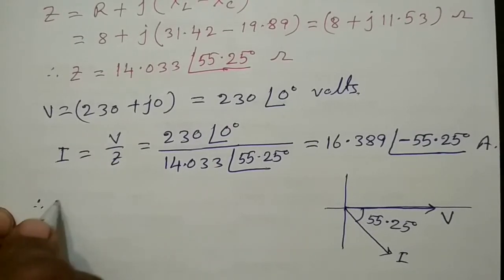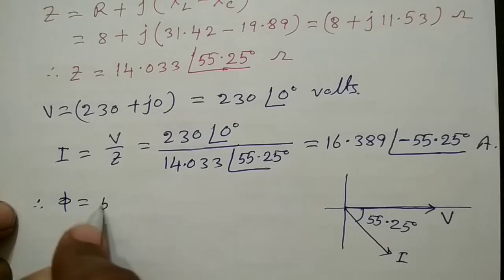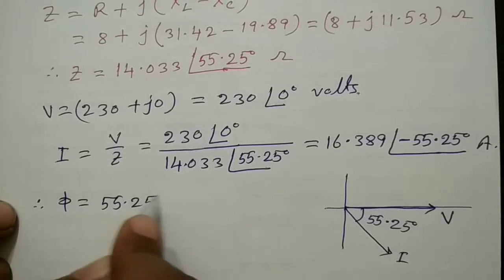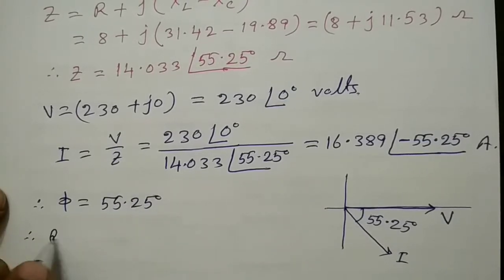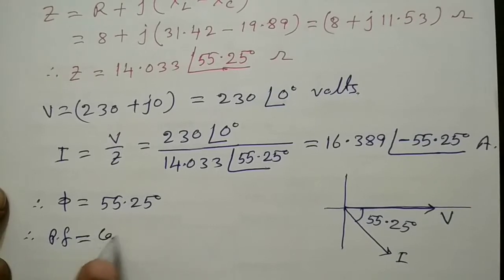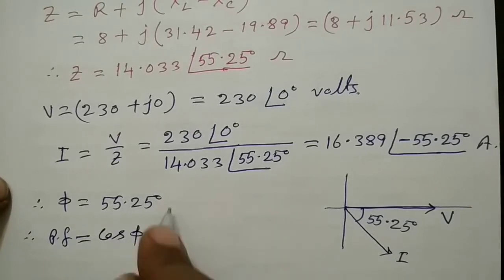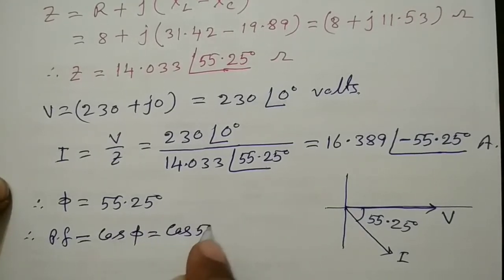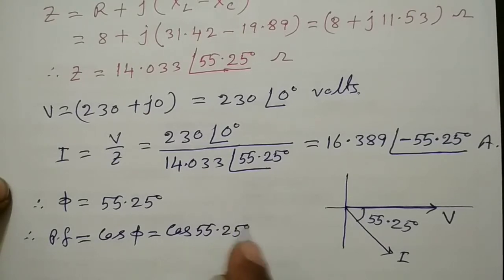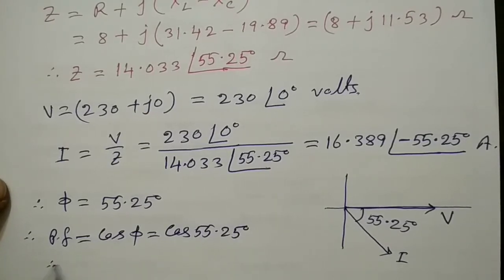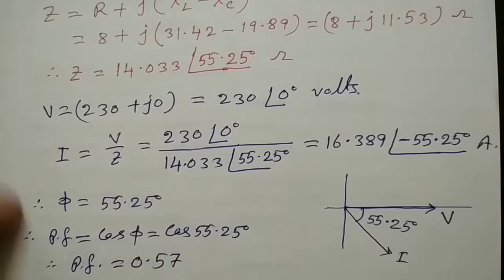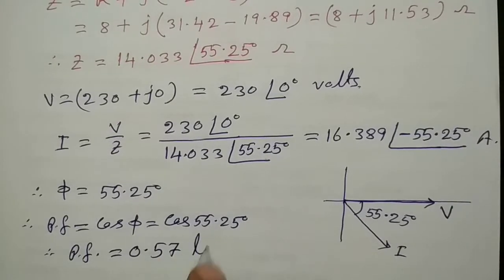So the angle between voltage and current is 55.25 degree and the power factor is cos phi, that is cos 55.25 degree. So the power factor will be 0.57 lagging.